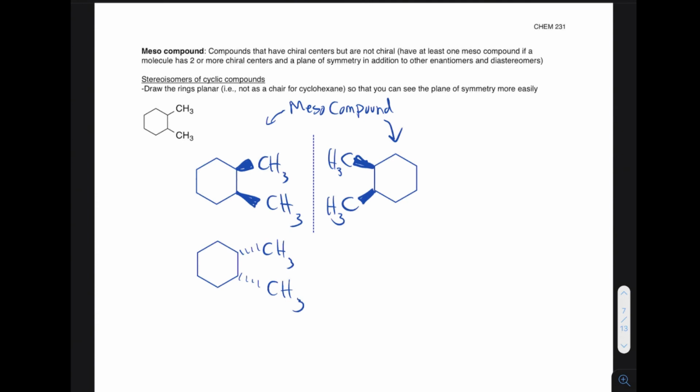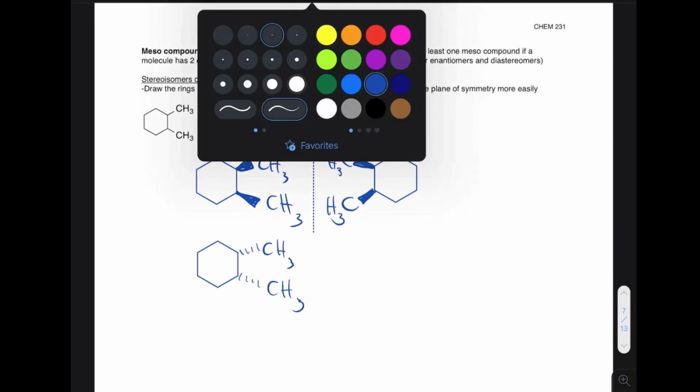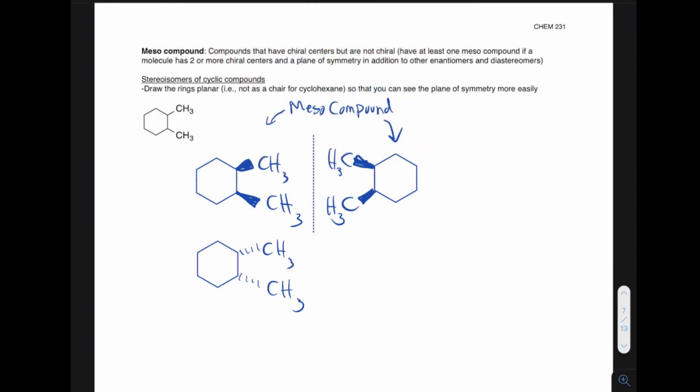But what's interesting is that because we have that plane of symmetry going through the middle of this molecule, we can rotate this whole thing by 180 degrees. We can just turn it on itself. And if we do that, because the dash bonds were pointing down, now they're pointing up, so they're on wedges.